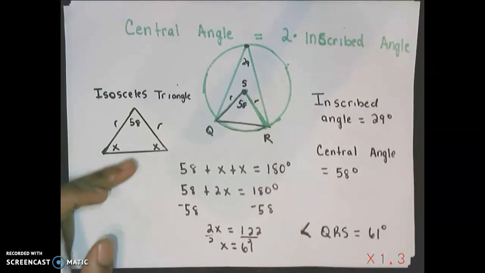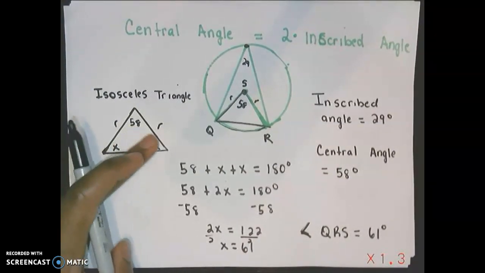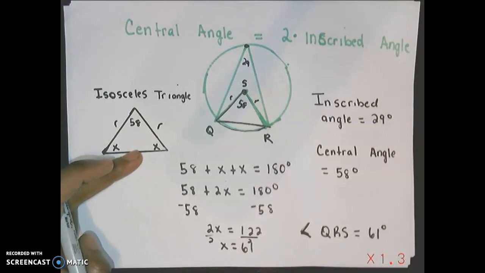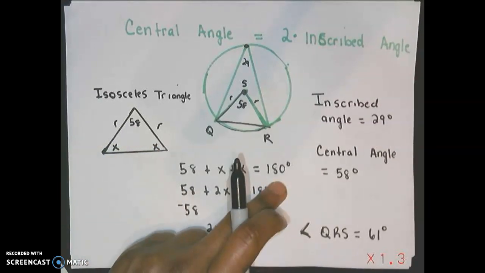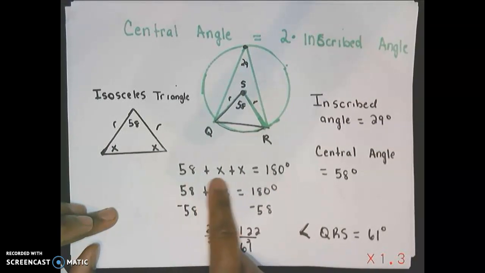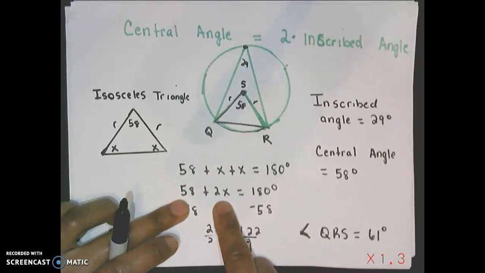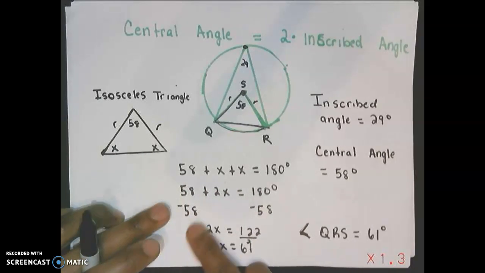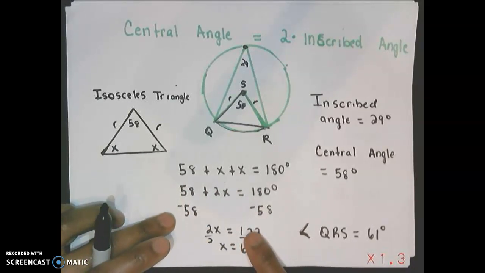And so now I have this triangle, and when you add up all the interior angles of a triangle, they should equal 180. So I get 58 plus x plus x. That's just going to give me 58 plus 2x. And now I need to find the value of x.